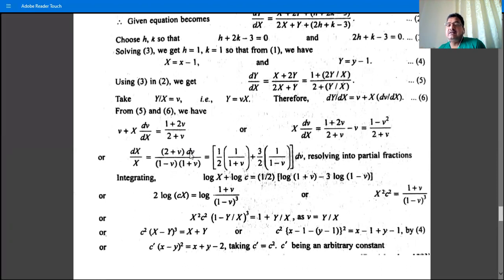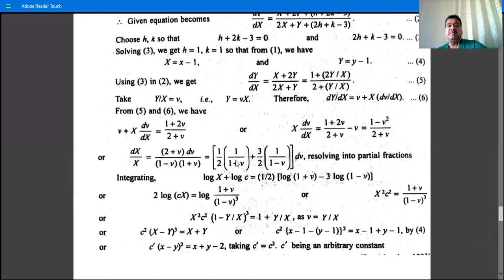After separating the variables, we have 2 plus v divided by 1 minus v square dv is equal to dx by x. Then we have to integrate both sides. In order to integrate 2v divided by 1 minus v square, we have to factorize 1 minus v square as 1 minus v times 1 plus v, and then obtain the partial fractions of 2v divided by 1 minus v, 1 plus v.